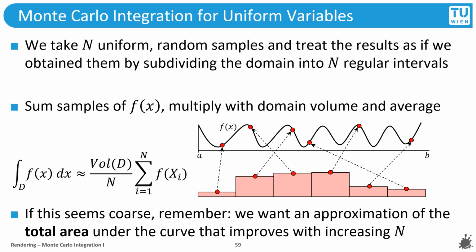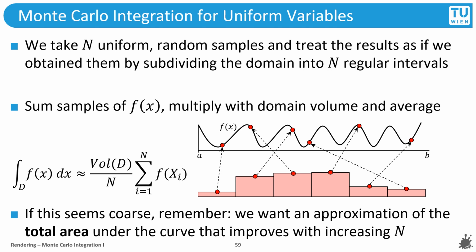Here we see the Monte Carlo integration procedure with sample positions drawn from a uniformly distributed random variable. Other than removing the regular samples, the rest of the procedure stays the same. In order to compute an approximation of the area under the curve, we sum up the individual values that we get for f of x at the drawn sample positions, multiply by the volume of the domain, and divide by the total number of samples taken.